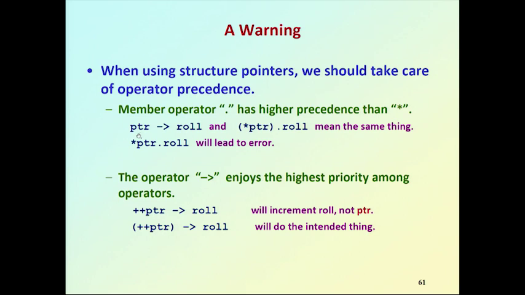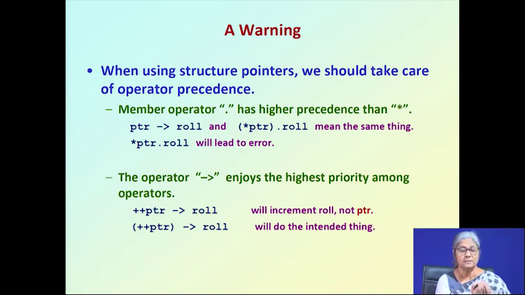It will mean as if PTR dot role is a pointer type, and it will lead to an error, because dot has the higher precedence. So, unless I give this parenthesis, star PTR will not be treated as a separate thing, because star PTR is a pointer pointing to something.